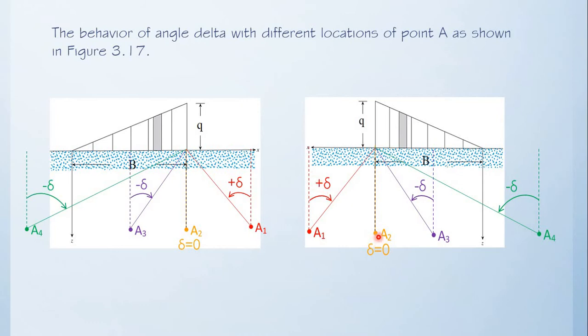If we are considering the point A2, there is no angle that is formed, so that is 0. And if the point is in between the load, counterclockwise direction now becomes negative, same as here. So this is the variation of the sign of angle delta.